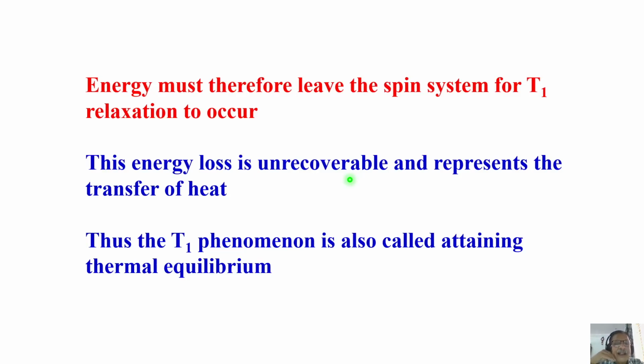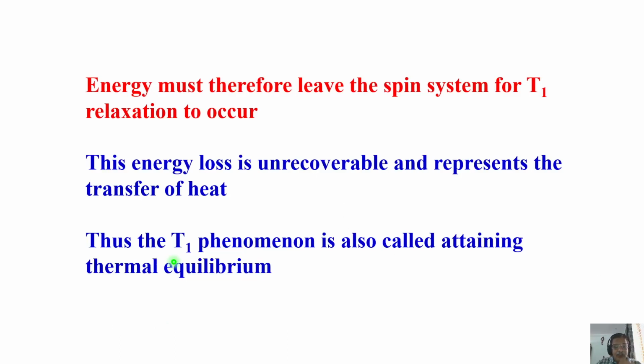And the heat generated for the person or the surroundings that receive the energy is so small it does not get noticed at all, because it leaves out heat and comes back to equilibrium. That is the reason why the T1 phenomenon is also called attaining thermal equilibrium.